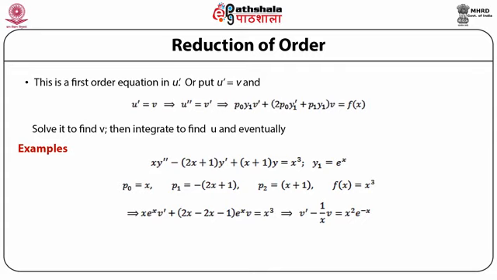So the equation becomes x e^x v' + e^x v(2x - 1) = x^3. So v' - (1/x) v = x^2 e^(-x).